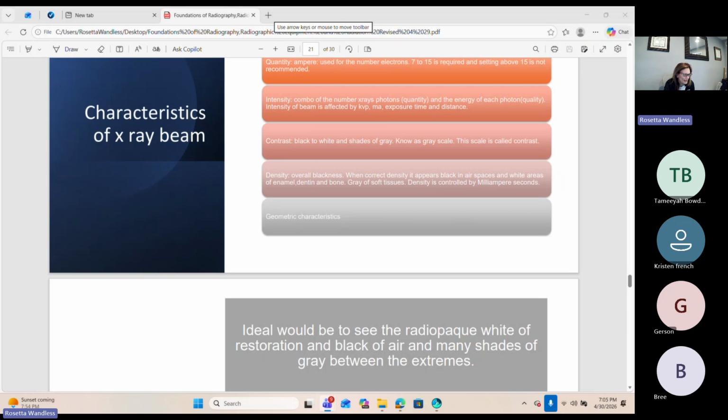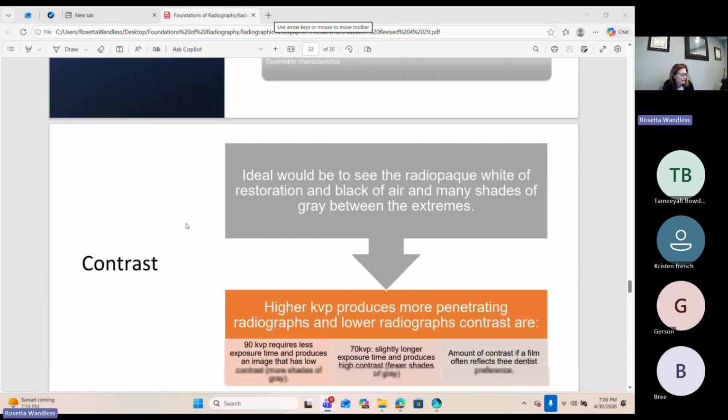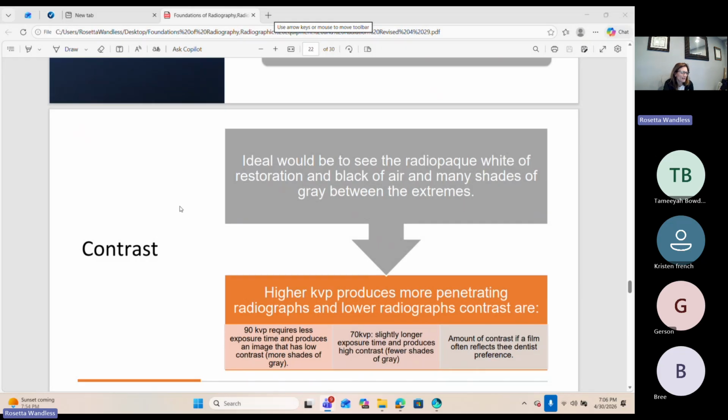Now, a couple of notes to have here. I dived a little deeper and kind of cleaned up KVP, MA, what controls this, what controls that. So ideally, when we're taking x-rays, we would want to see that radiopaque, that real white of a restoration, a metal restoration or composite restoration, and really black of the pulp or sinus cavity, airspace.